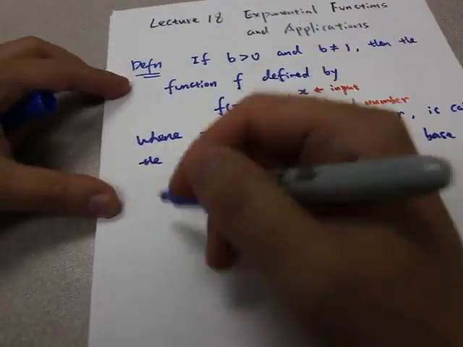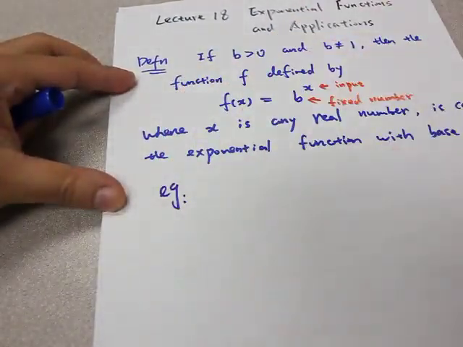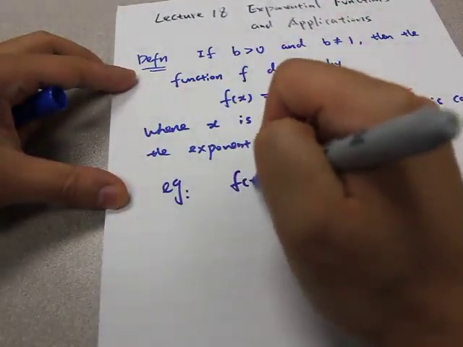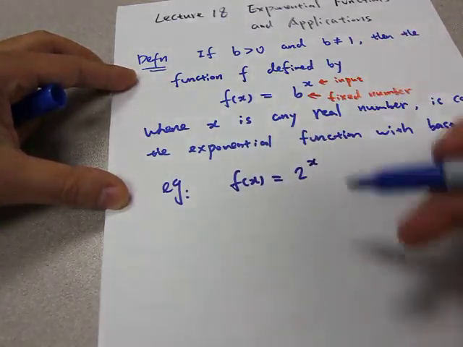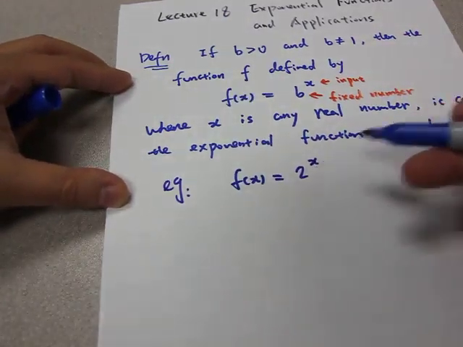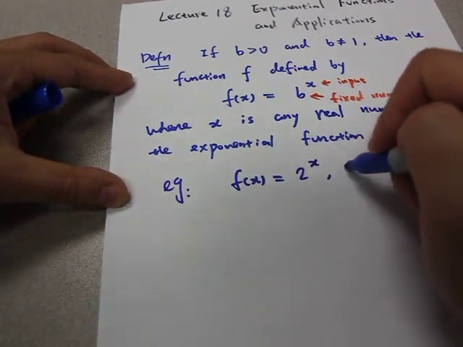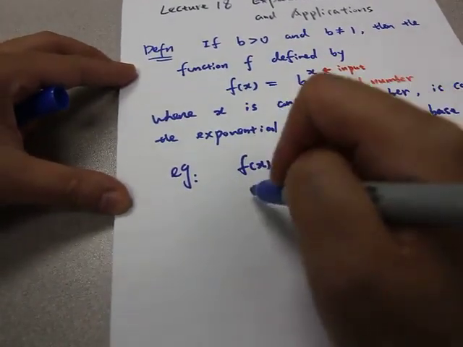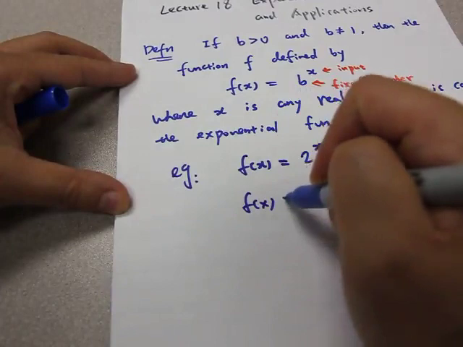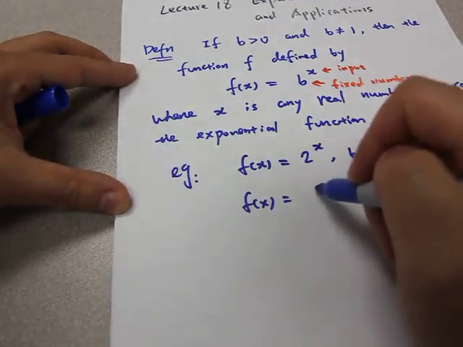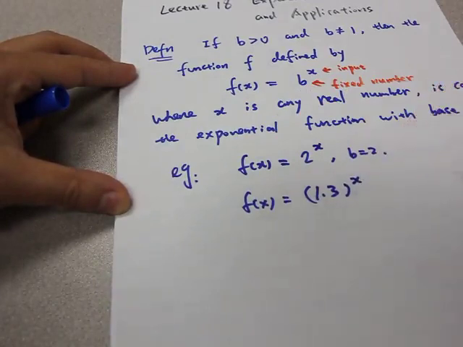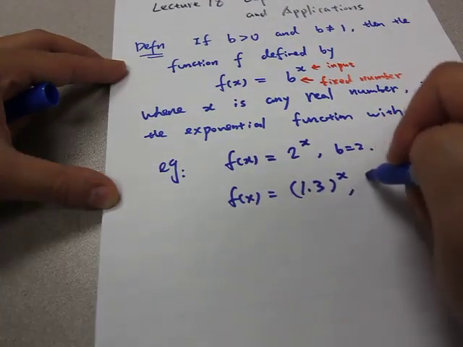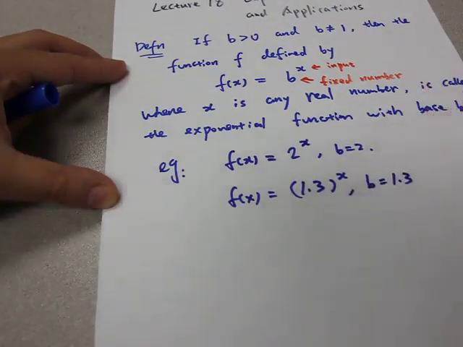Now let me write down some examples. For example, f(x) equals 2 to the x. This will be an exponential function. In this example, b equals 2. Or f(x) equals 1.3 to the power of x. In this case, the base is 1.3.